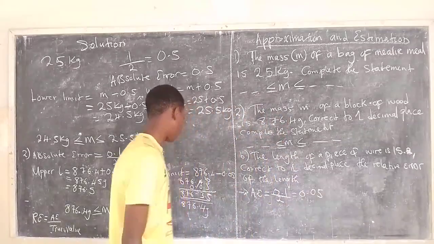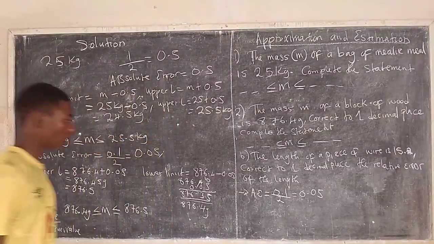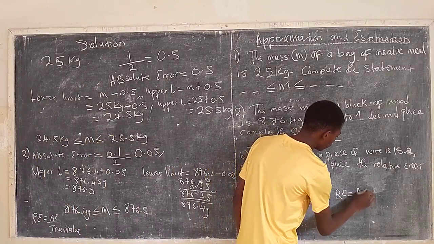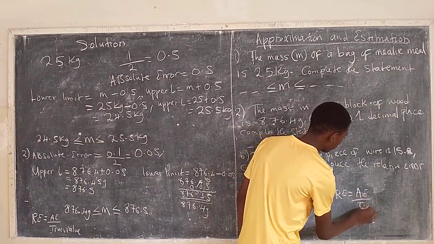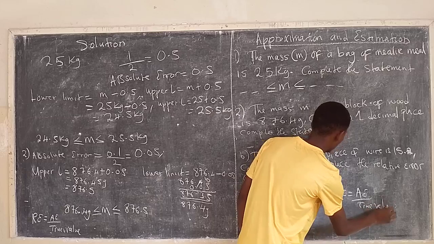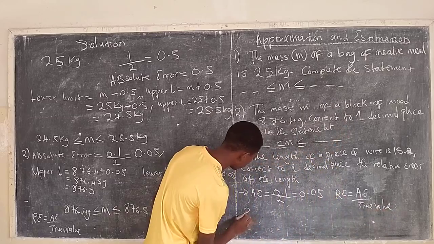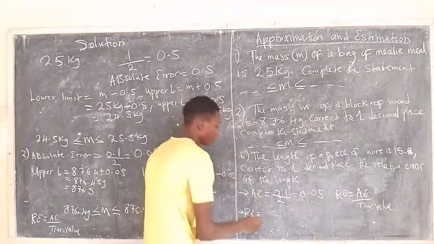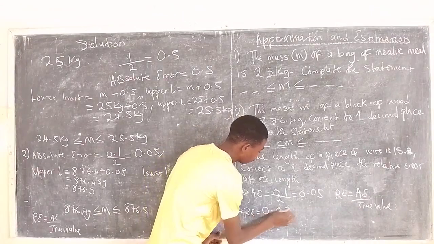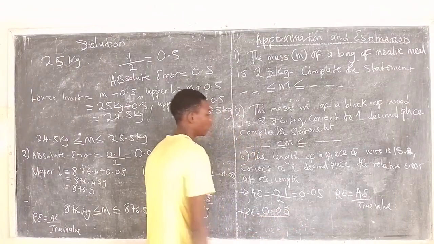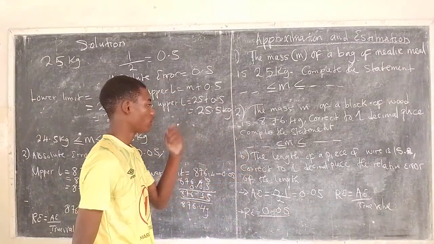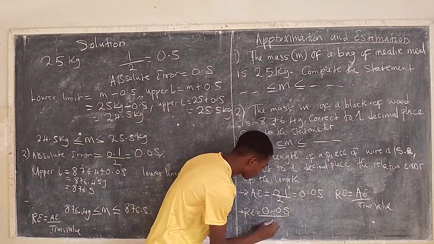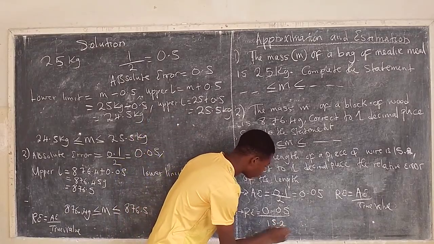So now, remember, our relative error, RE, should be equal to the absolute error over the true value. So our RE should be equal to our absolute error, 0.05, over the true value, which is 15.2.